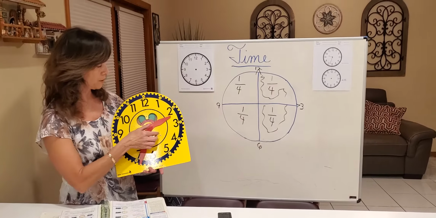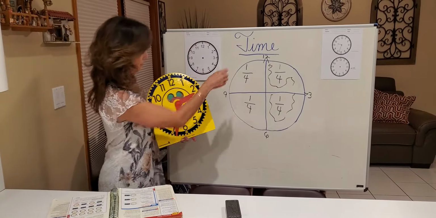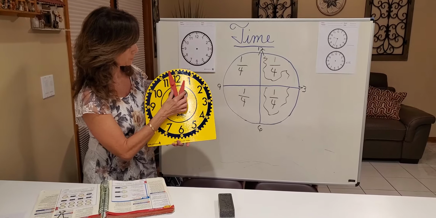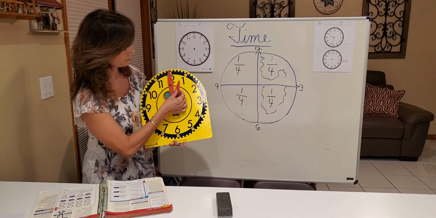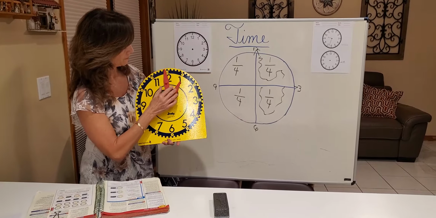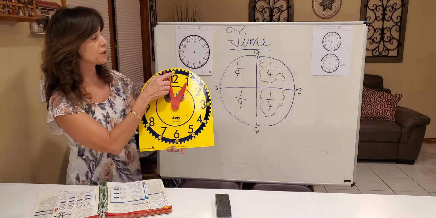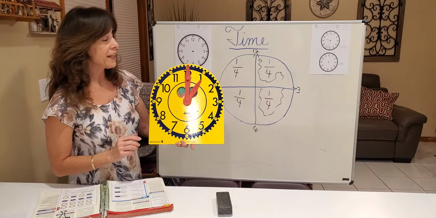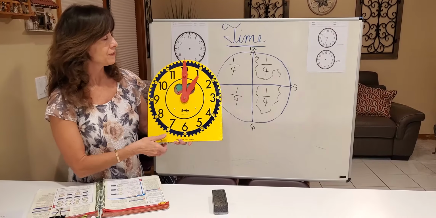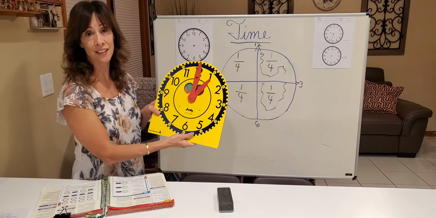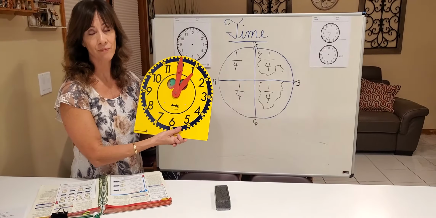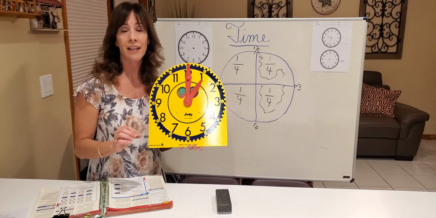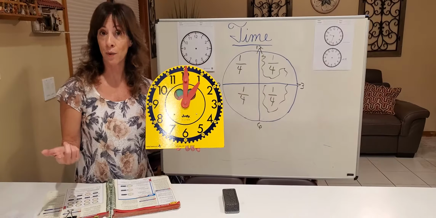Well, let's begin with the o'clock. See 12? Let's put the clock here. Okay, and you're looking here at the Judy clock. You might be wondering, what is that 60? Well, there are 60 seconds in every minute, and there's 60 minutes in 1 hour.